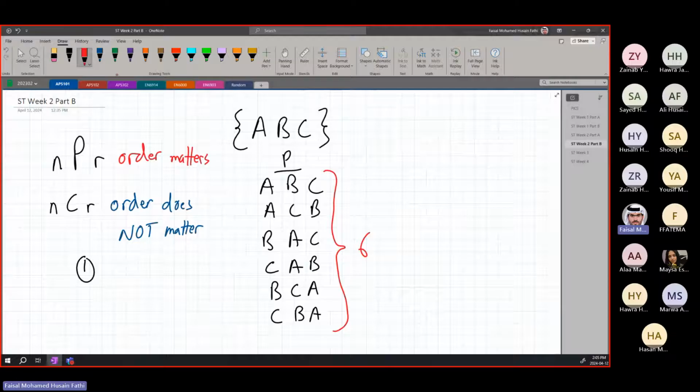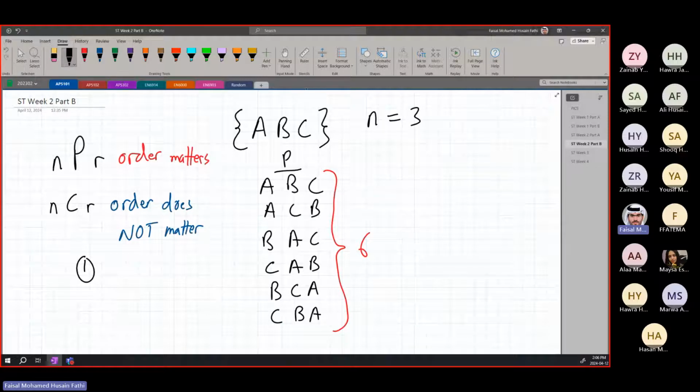So this is what we would call NPR. The way you will do this, what does the N stand for? The N stands for the number of values we have that we can choose from. So in this case, we have 3, so N is equal to 3.